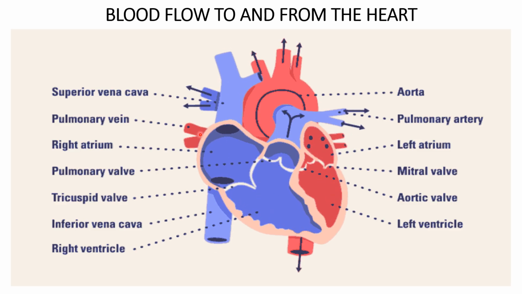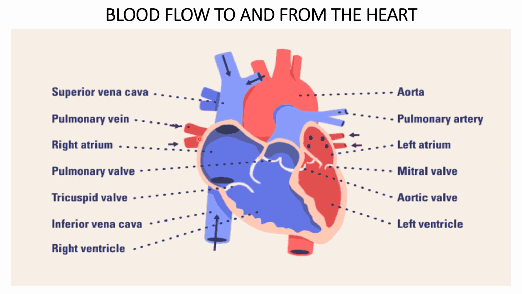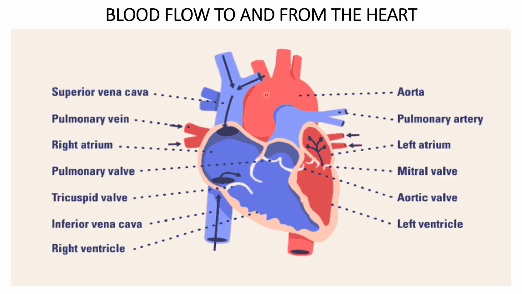So these are the 2 ways blood comes into the heart, through superior and inferior vena cava and pulmonary veins. And this shows the blood flow out of the heart, away from the heart.